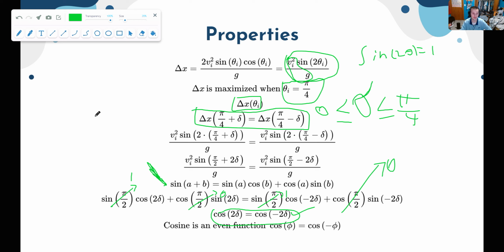That is crazy. So if you launch something at 55 degrees and 35 degrees, the delta x is the same. If you launch something at 70 degrees, and you launch something at 10 degrees, oh wait, would it be 10 degrees? I'm trying to do math on the fly here.